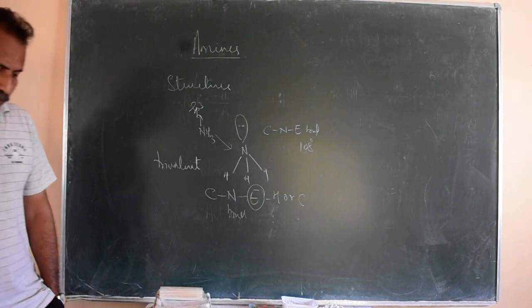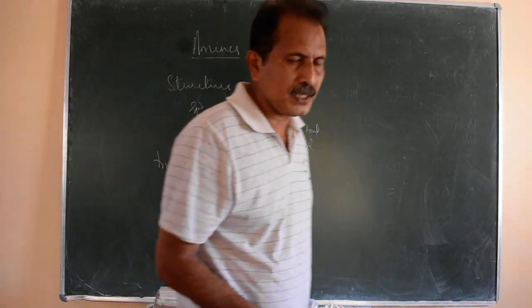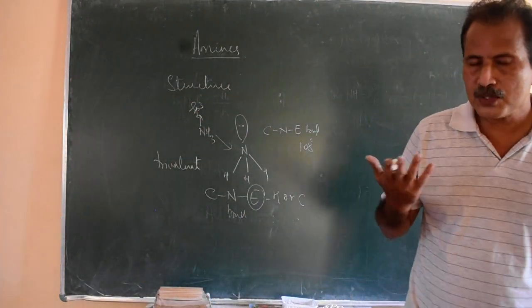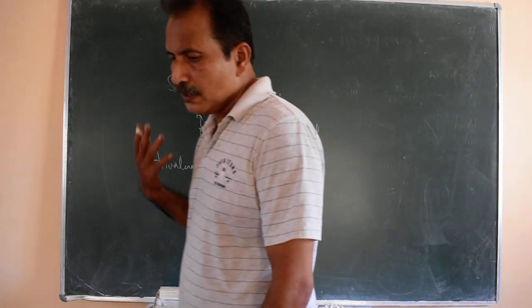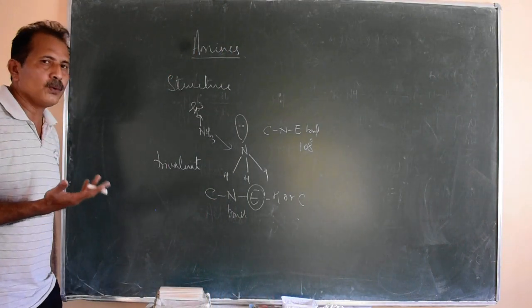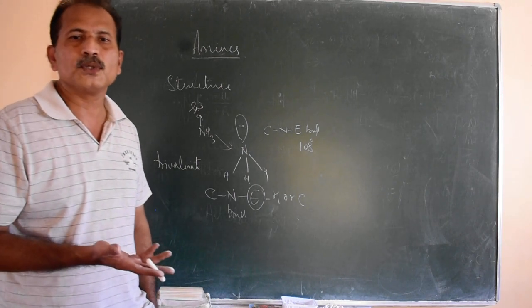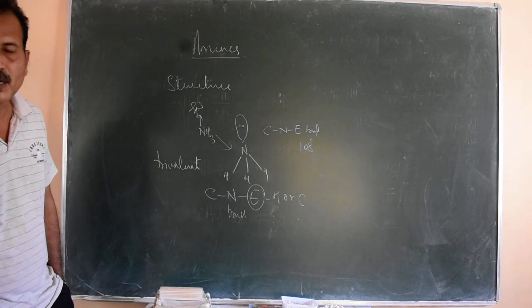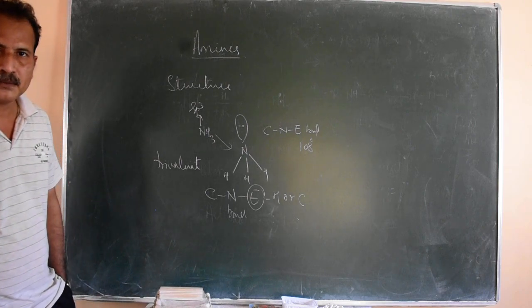Okay. So just like in ammonia, nitrogen here is trivalent, undergoes sp3 hybridization. The sp3 hybrid orbitals of nitrogen will overlap with the orbitals of either hydrogen or carbon, depending upon the composition of that amine. Okay.